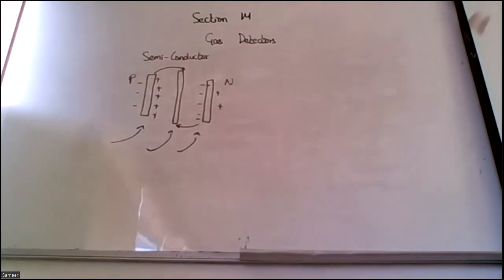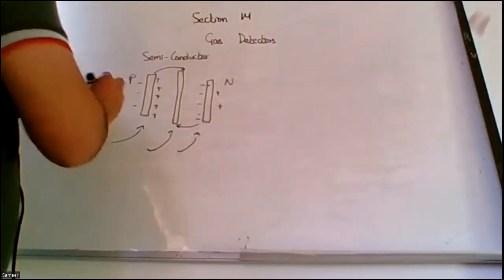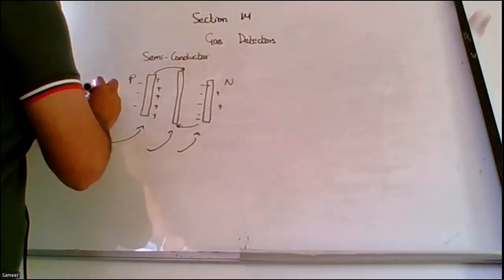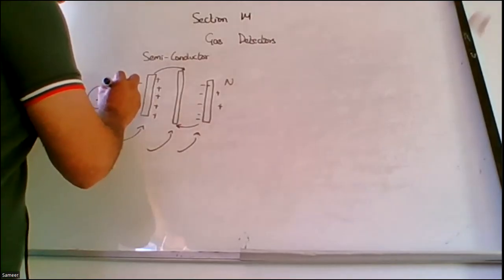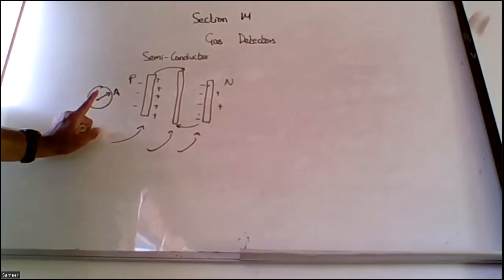But the problem with the semiconductor principle is that we cannot tell what type of gas it is. It will explain based on the ampere meter, the deviation. With the deviation, it will tell us that there is a gas available, but it does not explain what type of gas, whether it's toxic, flammable, or something else.